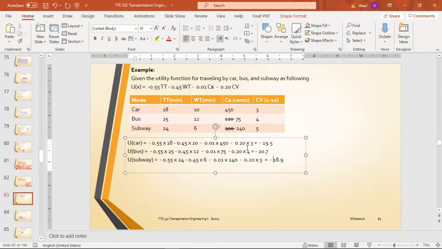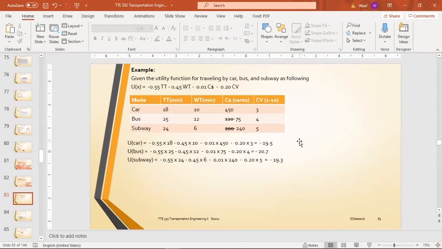And for the subway, after modification, it is going to be minus 18.9 plus 40 multiplied by 0.01. So this is going to be 19.3.